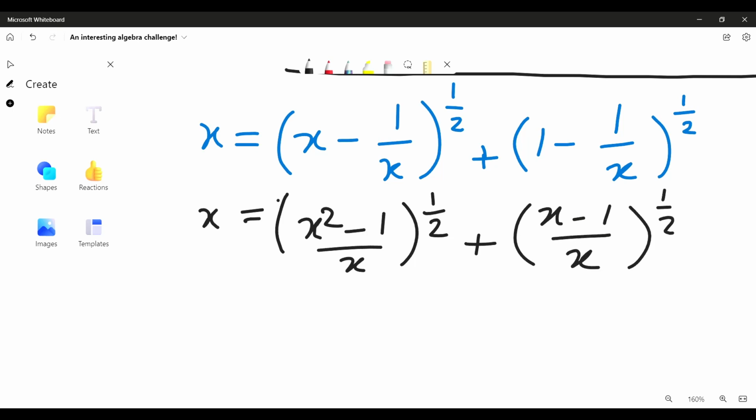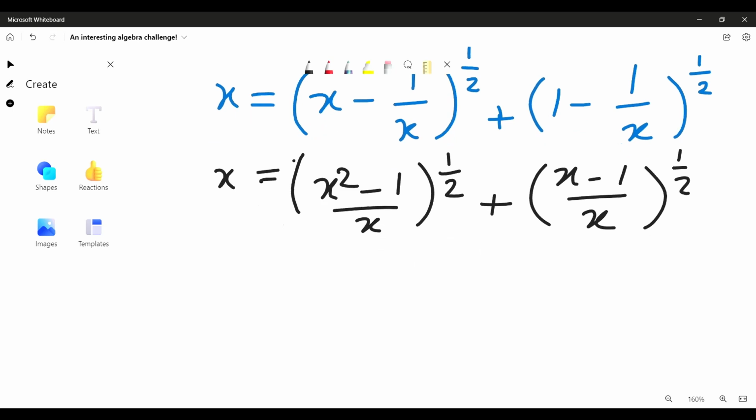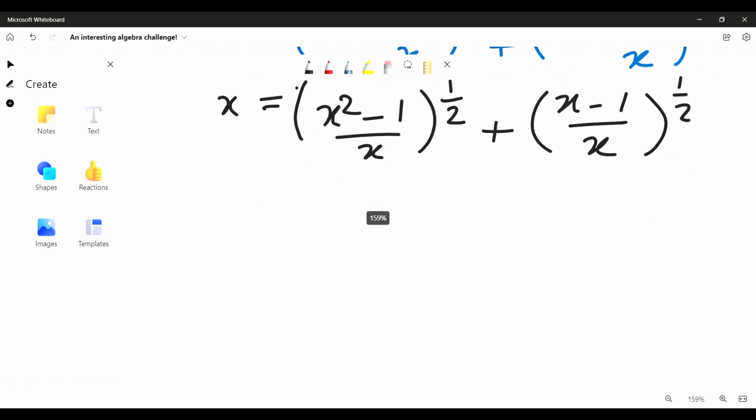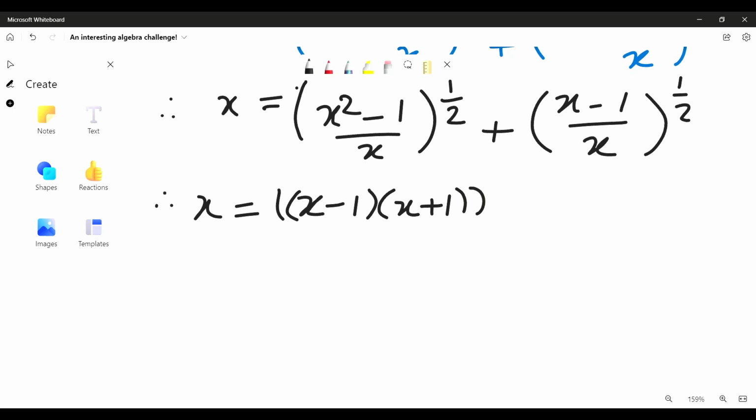I did this because now we see x squared minus 1 is just the difference of two squares, and hence we can write this as x minus 1 times x plus 1. So therefore x is equal to (x minus 1)(x plus 1), whole to the power 1 over 2.